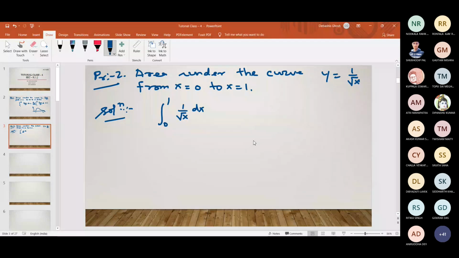At this point the function is not continuous, so we have to take the integration from some positive quantity epsilon to 1, then 1 by under root of x dx as epsilon tends to 0.